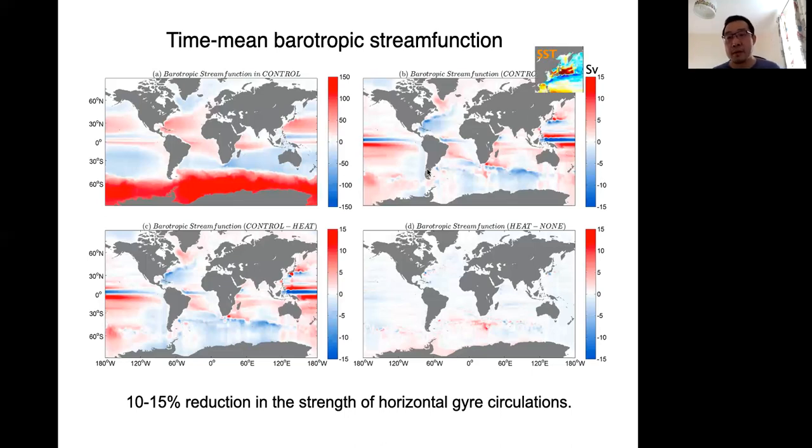And that, in some way, explains the dipole pattern we saw earlier in SST. As you can see, there is also a dipole pattern in the barotropic stream function.